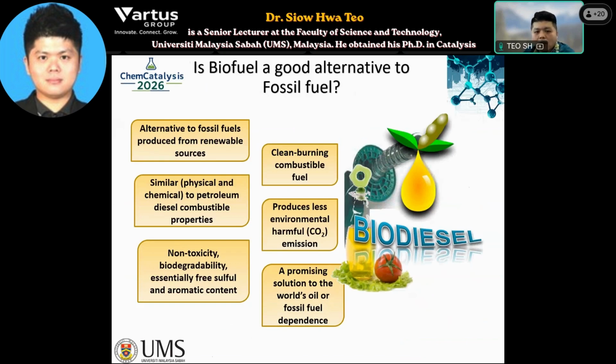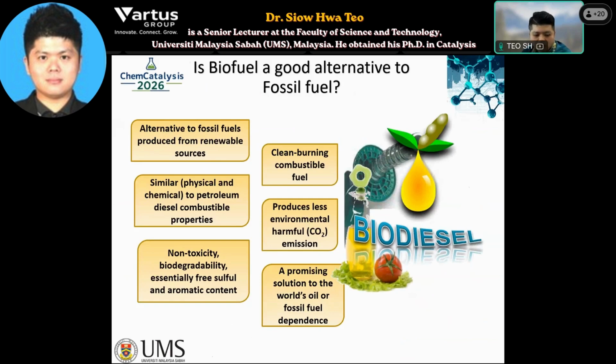From an environmental perspective, biodiesel is biodegradable, non-toxic, and contains very low levels of sulfur and aromatic compounds. As a result, its combustion generally produces lower emissions and causes less environmental harm compared to fossil-based diesel fuel.